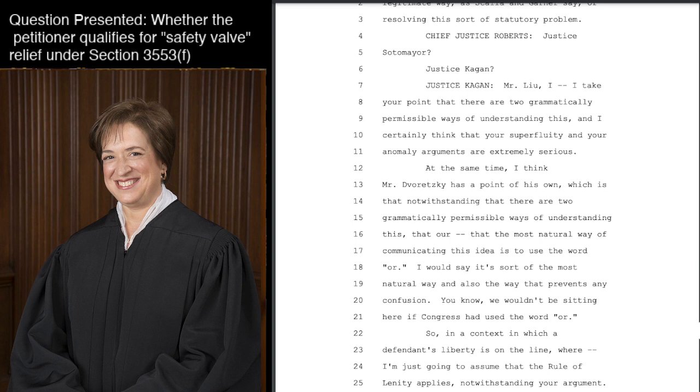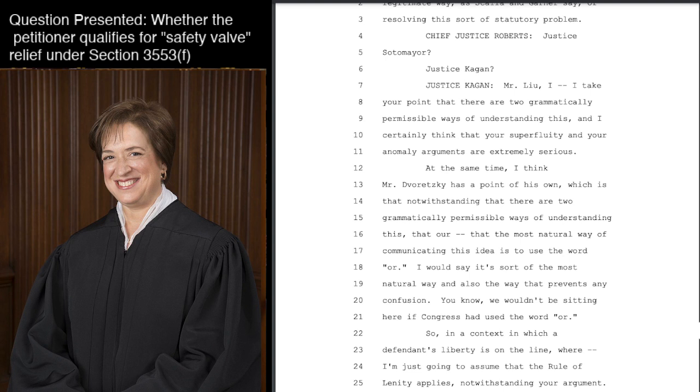At the same time, I think Mr. Dvoretsky has a point of his own, which is that notwithstanding that there are two grammatically permissible ways of understanding this, the most natural way of communicating this idea is to use the word or. I would say it's sort of the most natural way and also the way that prevents any confusion. You know, we wouldn't be sitting here if Congress had used the word or.